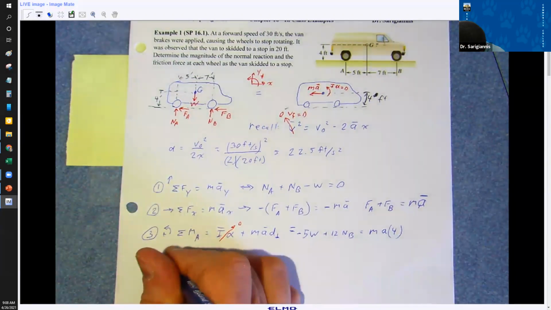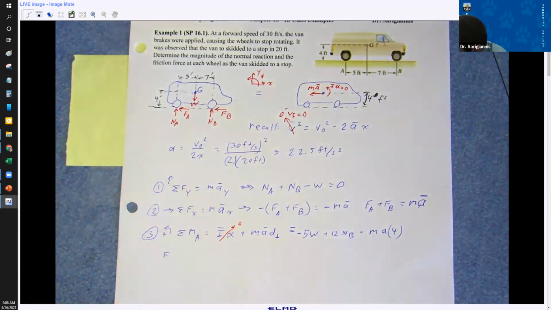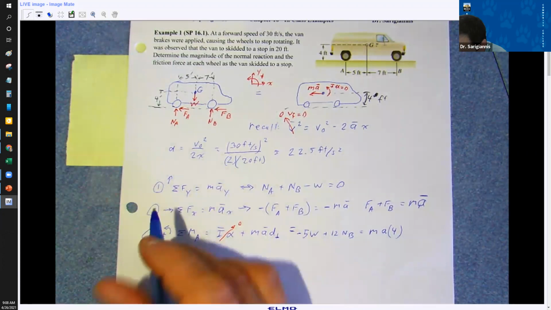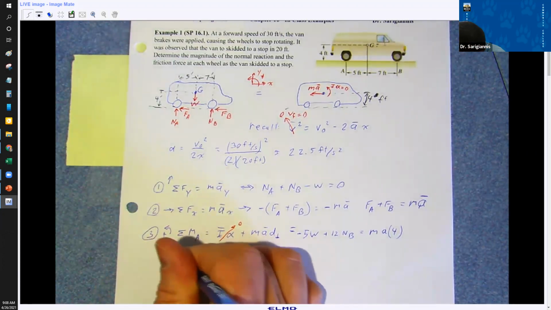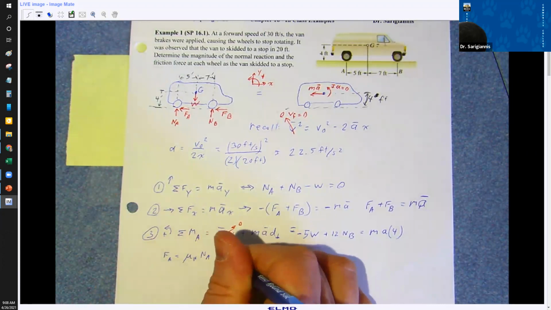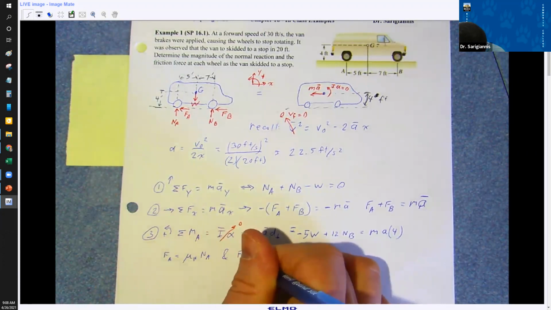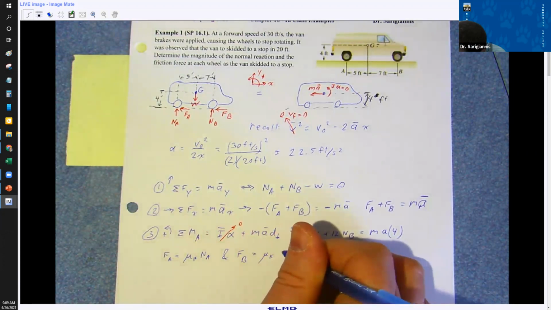The other thing we know is that the forces of friction, FA and FB, can be written as mu K NA and the force of B as mu K NB.